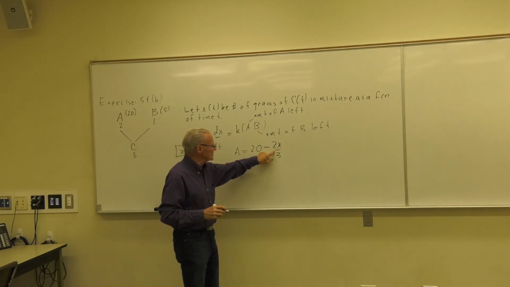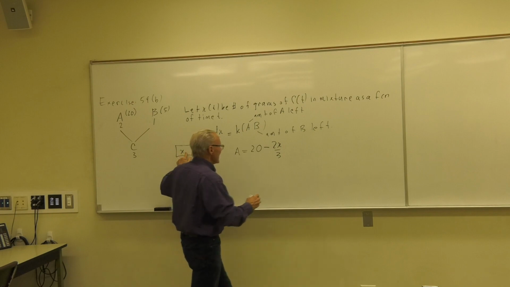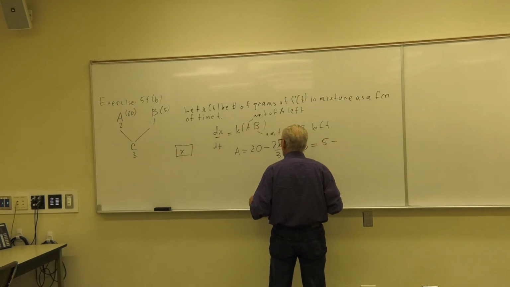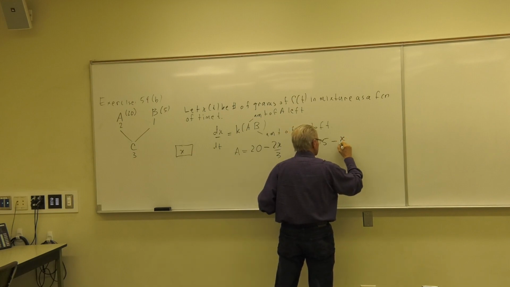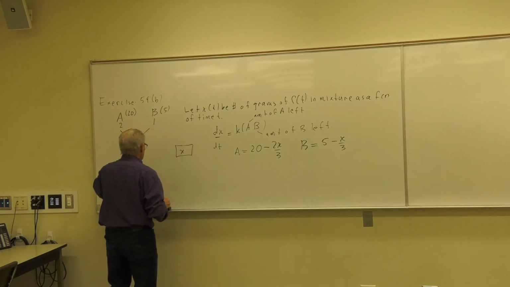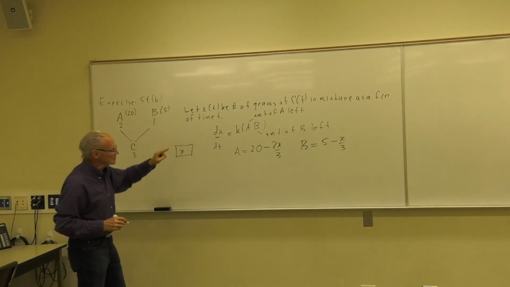That's how much A you used up in producing this amount. And similarly, B is going to be original minus how much did you use up? X over 3, because again, 2 and 1 giving 3. So that's what we can put in.